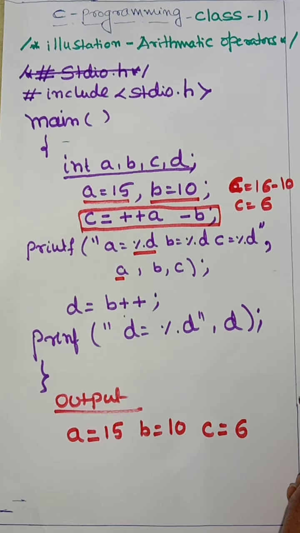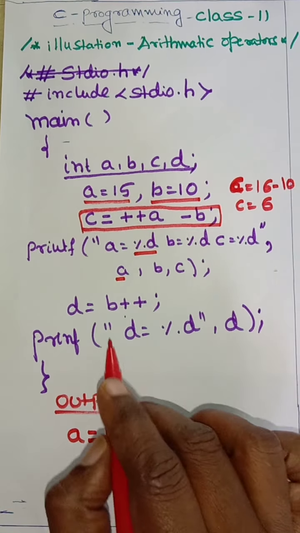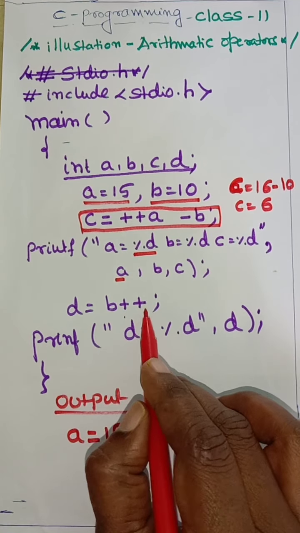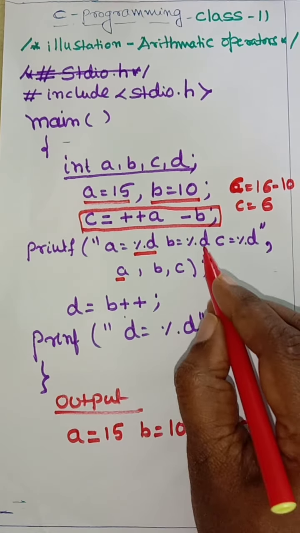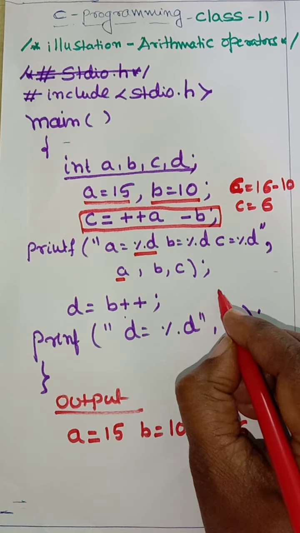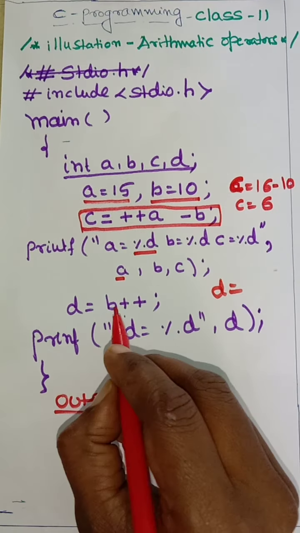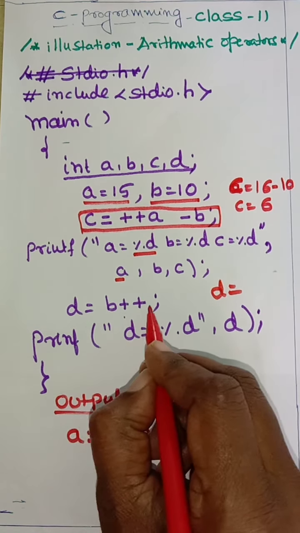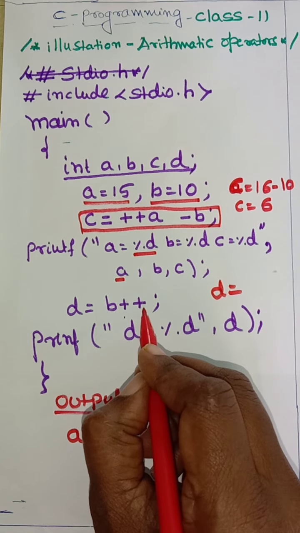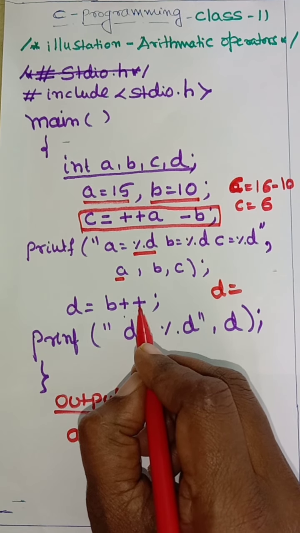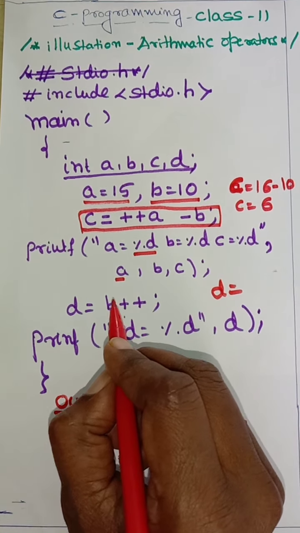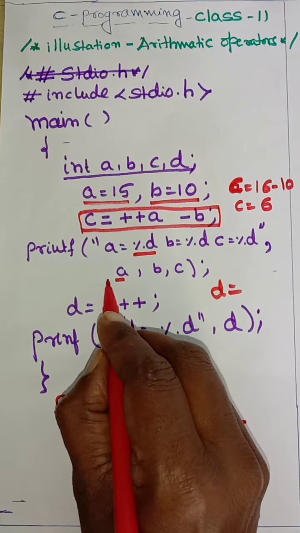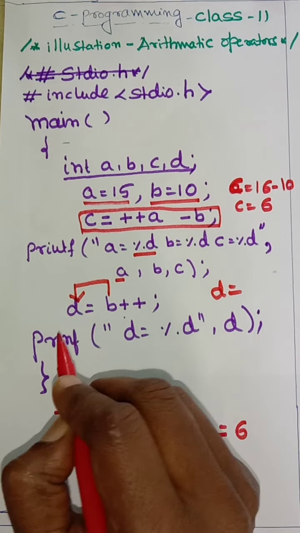Okay. And next it is going to calculate the d value. After printing this, it is going to execute. So what is d? b plus plus. What is it? It is a post increment. What happens in the post increment? First it assigns the value here.